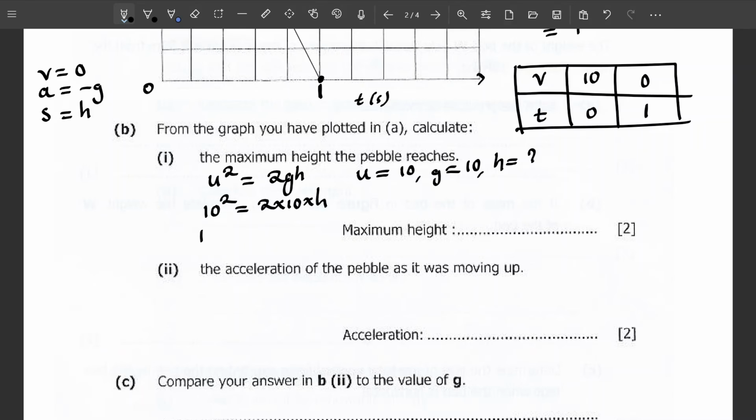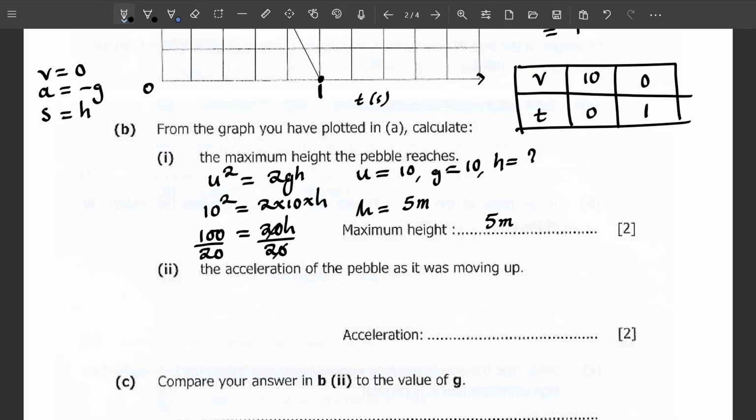So this one will be 100 is equal to 2 times 10, 20h. Then I'm looking for h, I'll divide both sides by 20, so that I'll remain with h now is equal to 100 over 20, 5 meters. So the distance here will be 5 meters.